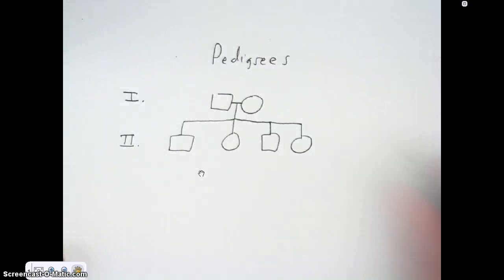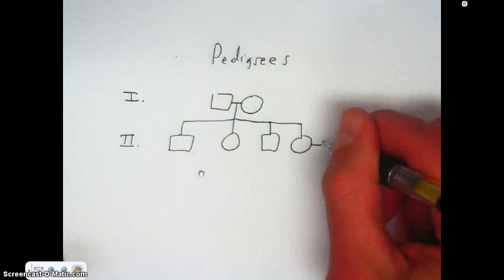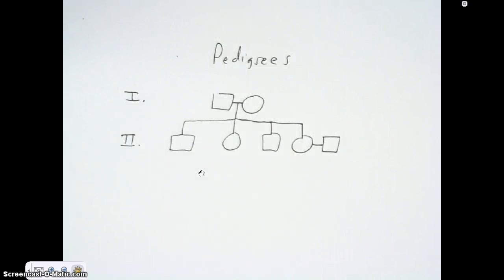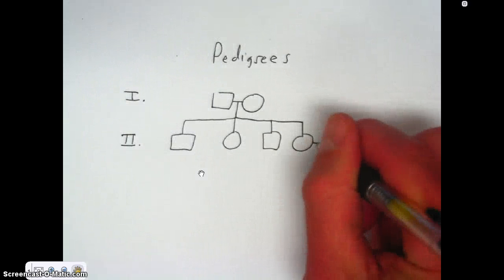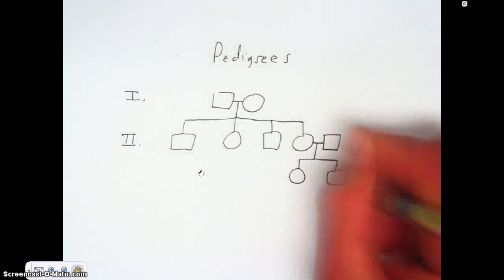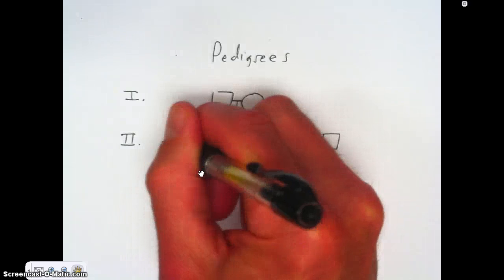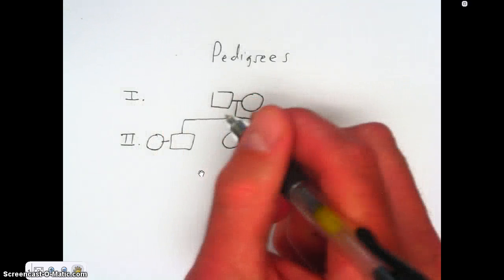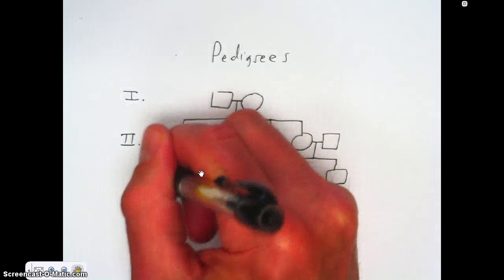We're going to pretend like this girl has married somebody, and now they are having a child. We'll say that their first child was a daughter, and then they had a son. And we'll say that this man had relations with somebody, and they had a daughter.